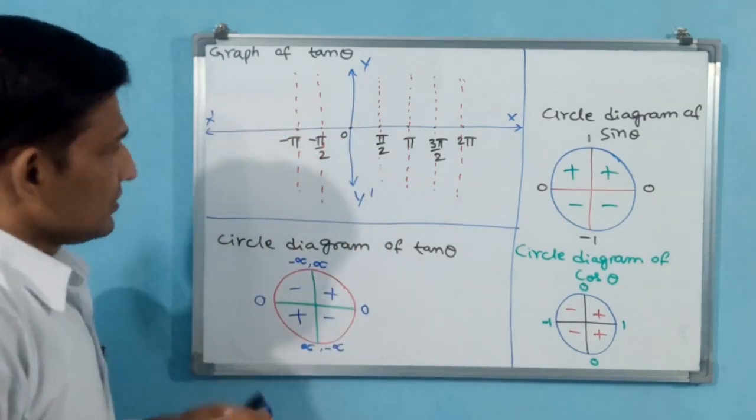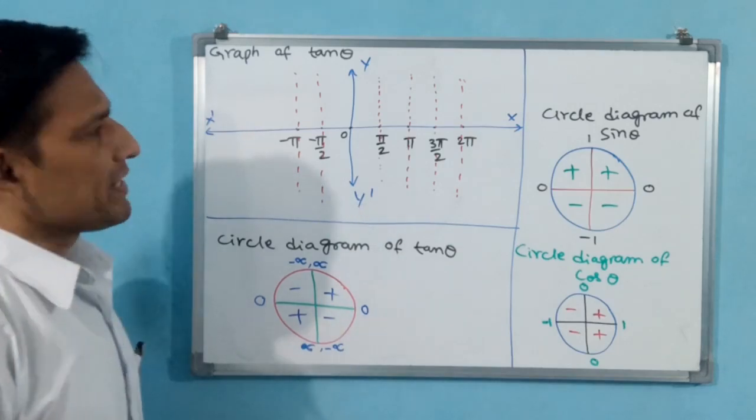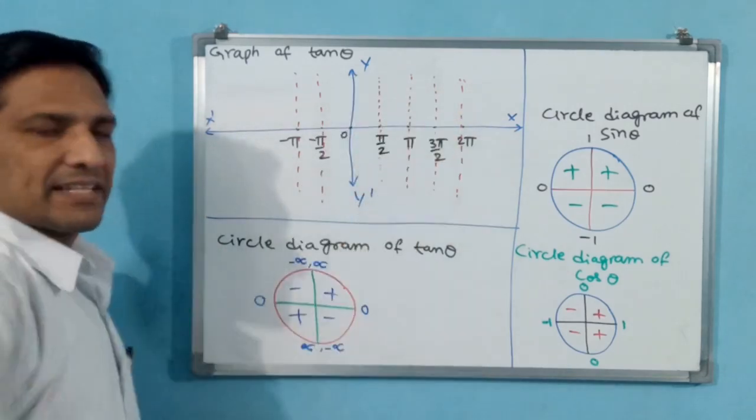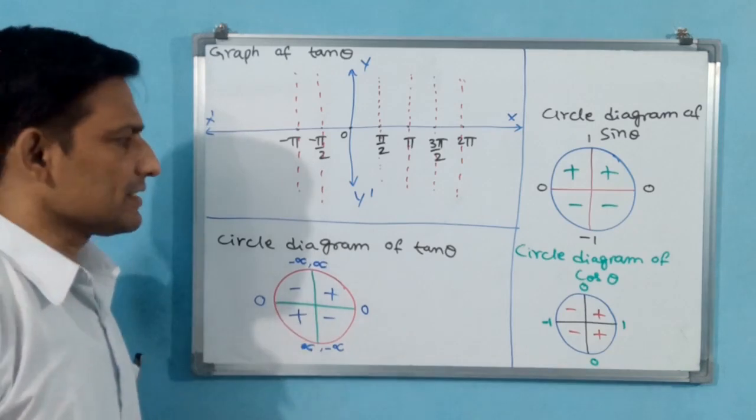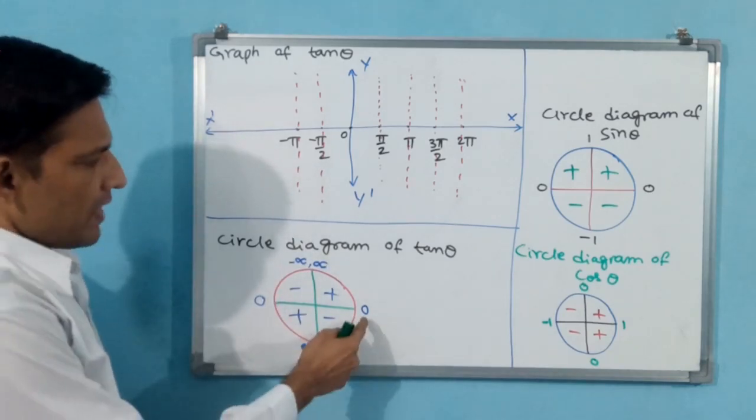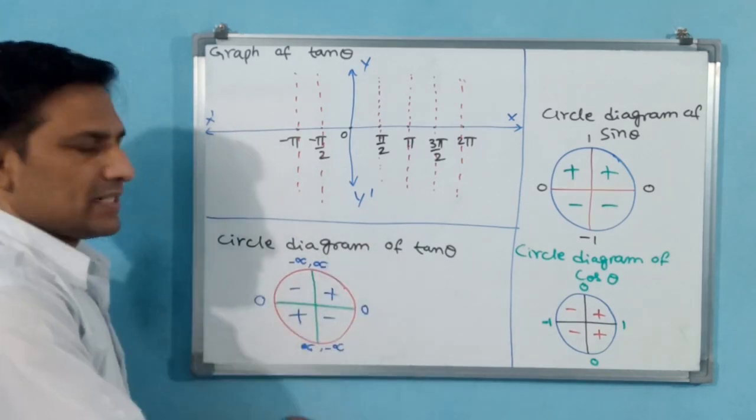See, these are vertical dotted lines I am putting to understand the graph properly. From positive only we will do first.